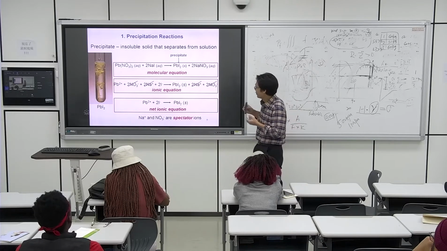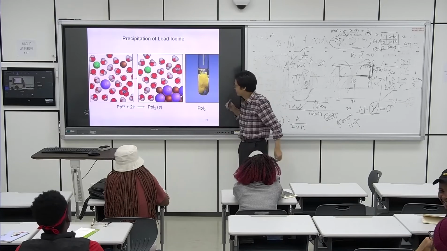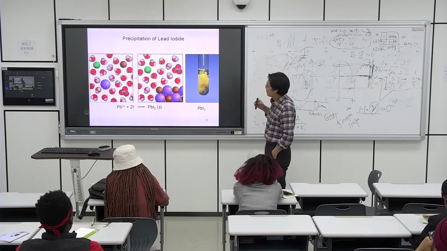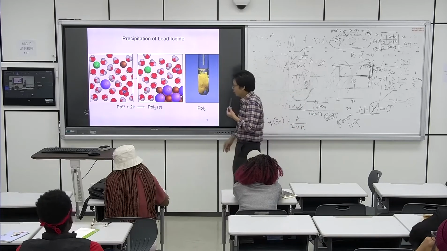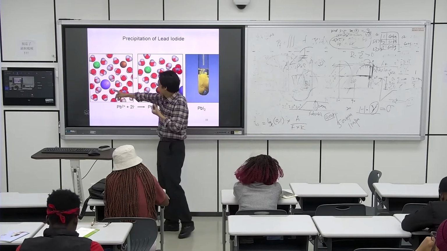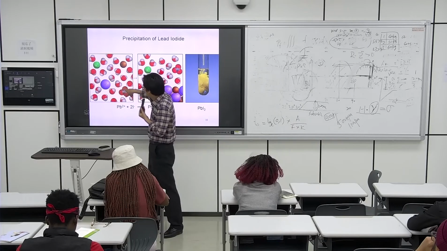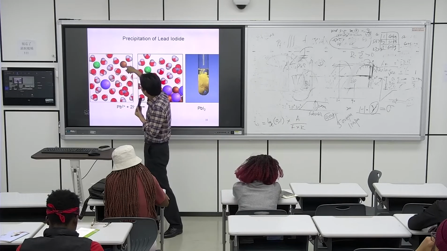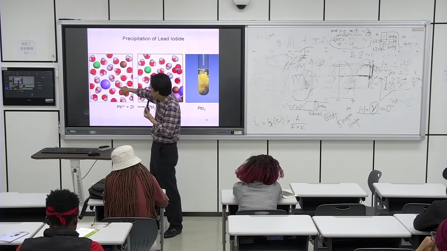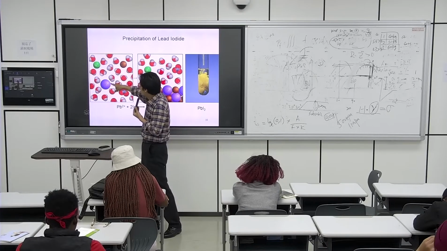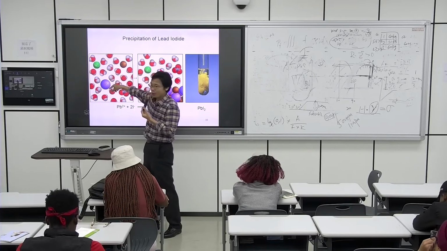Here we can review quickly these three pictures that show this kind of reaction. The first step, we dissolve these two substances into the water solution, and they will be surrounded by the water molecules, right?